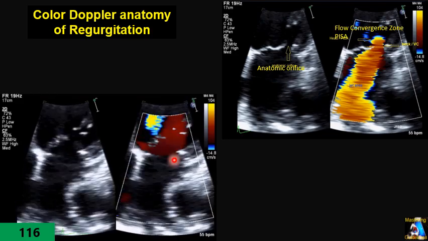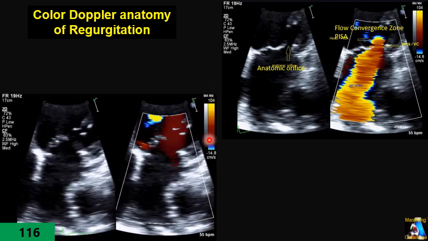Besides all those factors, it also depends on your setup of the color scale and aliasing velocity. I am going to go into detail about PISA later, this is just general speaking.